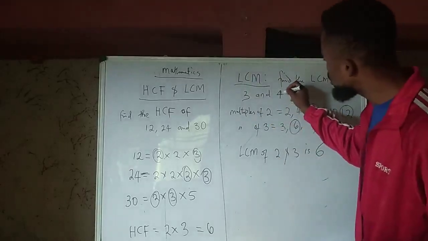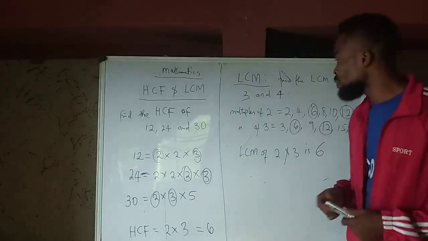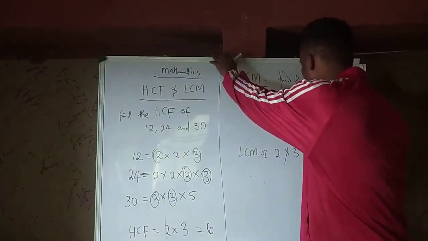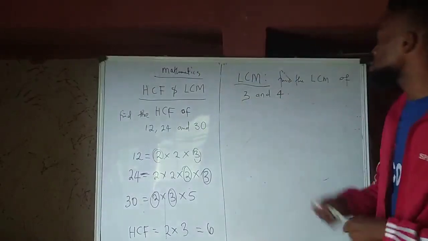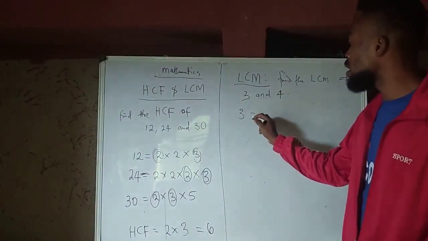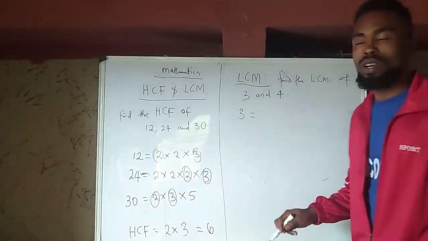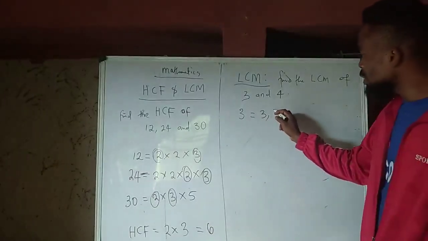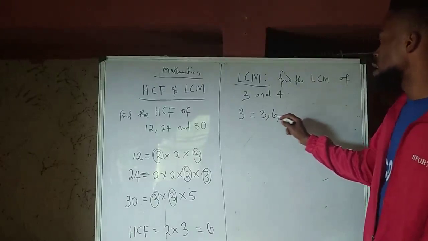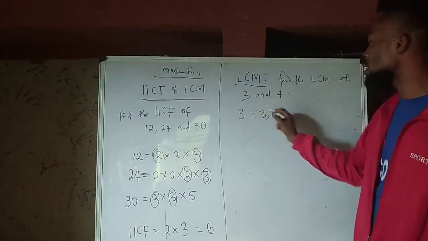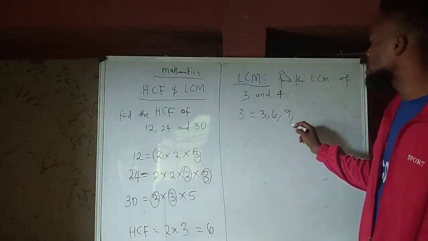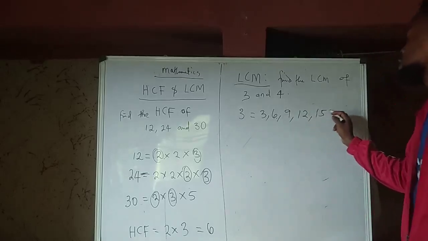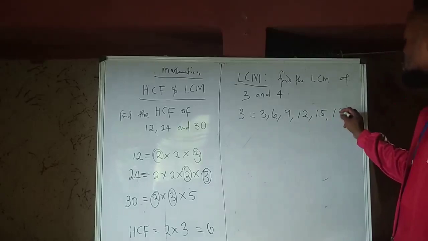To get it, we first get the multiples of 3. Multiples of 3 are 3, 6, because 3 times 1 gives you 3, 3 times 2 gives you 6, 3 times 3 gives you 9, 3 times 4 gives you 12, 3 times 5 gives you 15, 3 times 6 gives you 18.